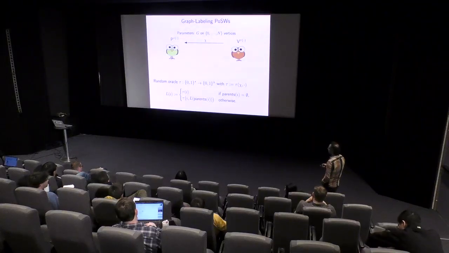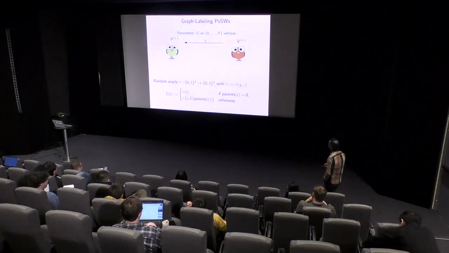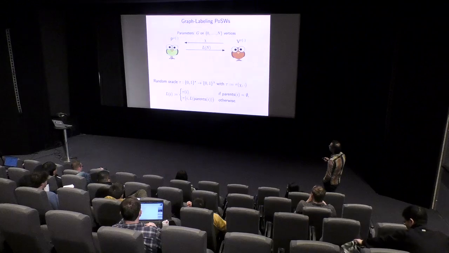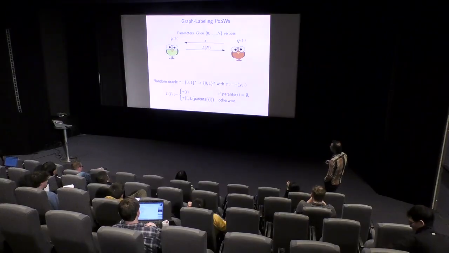The labeling is very easy: the label of a node is the hash of its parents' labels concatenated with the index. You label the graph and send the sink, which we assume is unique here, and this serves as the commitment to the labeling of the graph.